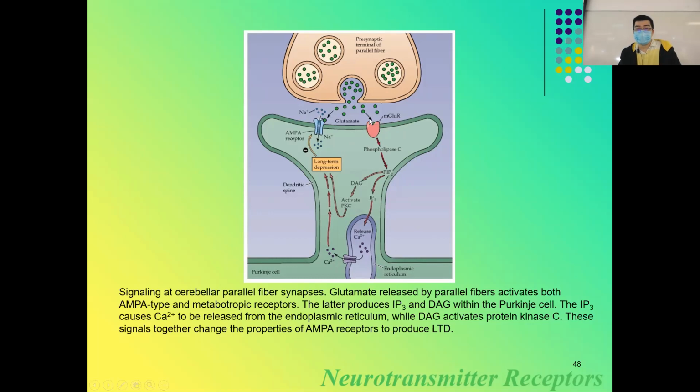It actually binds to both the ionotropic receptors, in this case the AMPA receptors, and the metabotropic receptors. Now, the signal will come in, but if it is not activated strongly enough, the metabotropic receptors will engage secondary messengers, and then affect the AMPA transmission, making it less easy to activate the postsynaptic neuron. So that will have the so-called long-term depression.